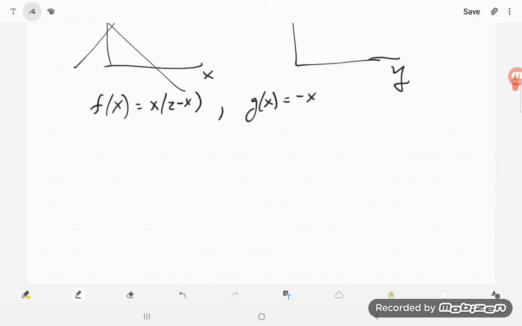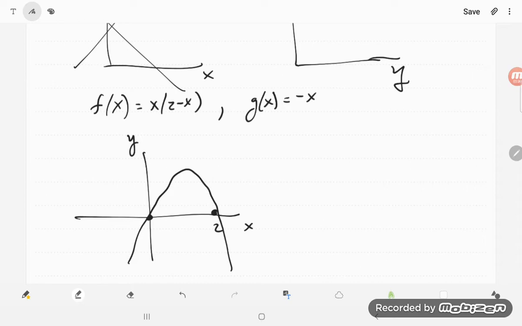So when I go to graph this, I'm just going to do it this way. And this is a parabola here, f. I got a 0 at 0 and a 0 at 2. And it opens down because that's a negative x times an x. And then y equal negative x, that's going down something like that.